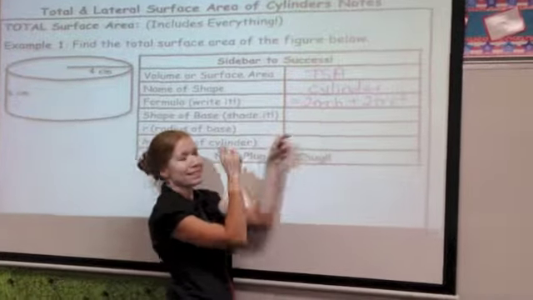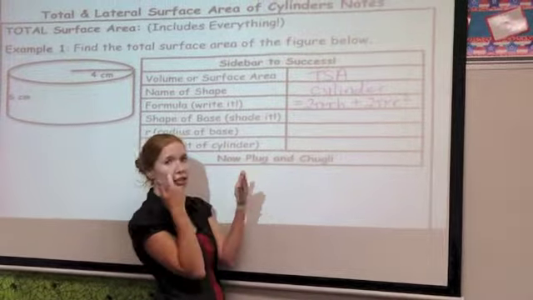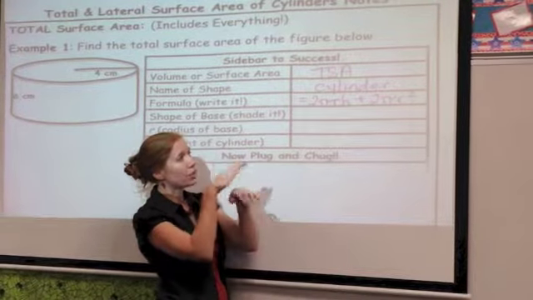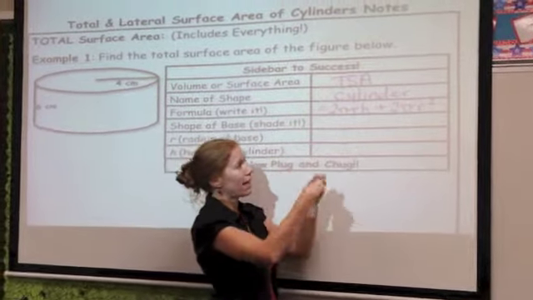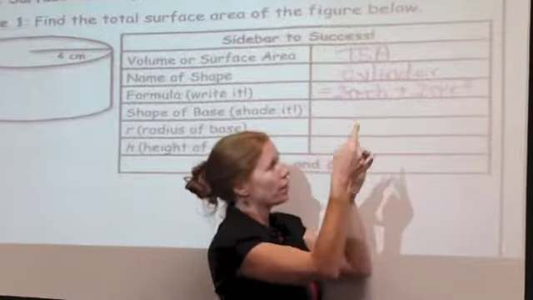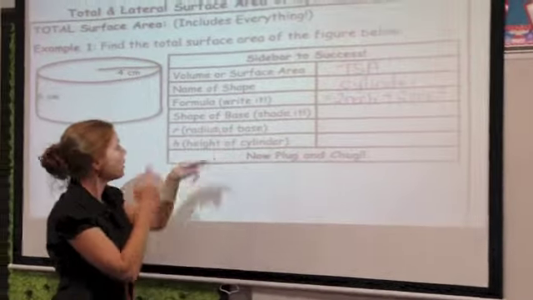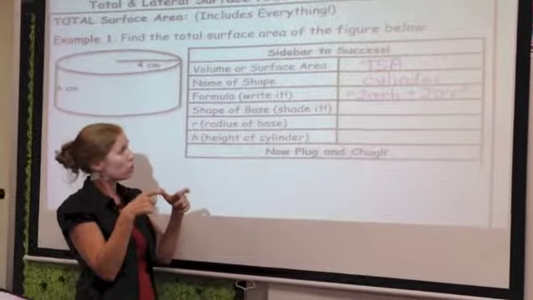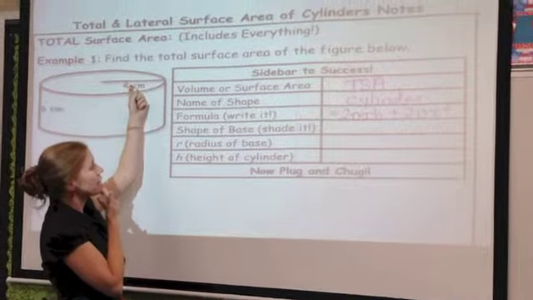Notice this is exactly the same that we already did for the lateral surface area, but now I've added 2 times pi times the radius squared. Okay, the name of the base is a circle. I'm going to go ahead and shade it.